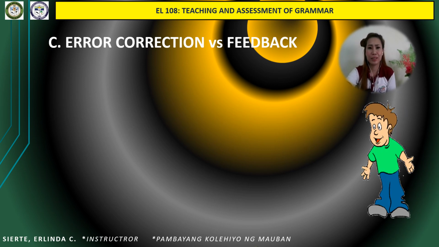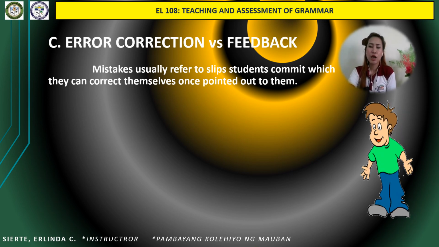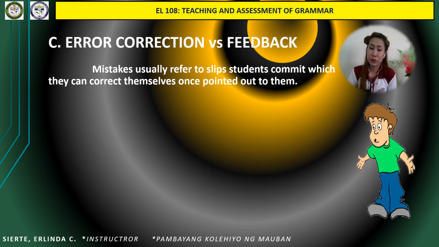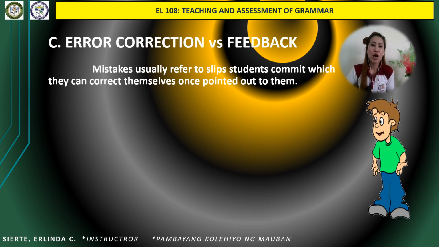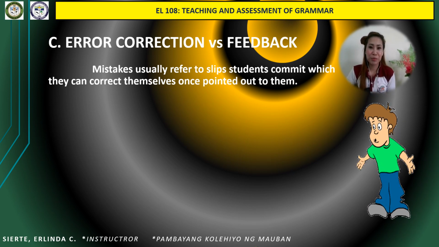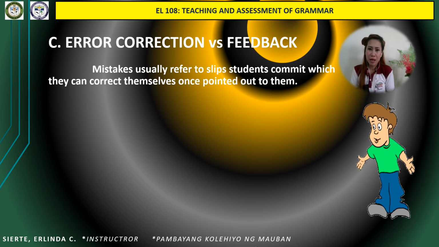Now let's proceed to error correction versus feedback. All right, so mistakes usually refer to slips students commit, which they can correct themselves once pointed out to them.